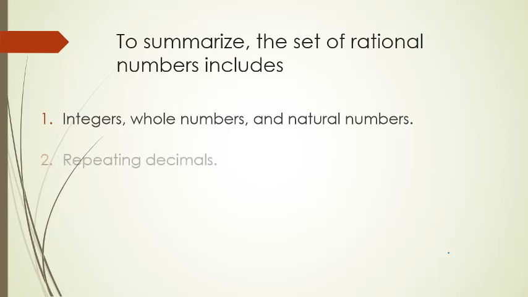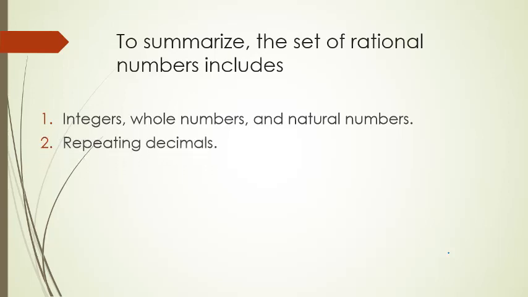Okay, guys? And also, repeating decimals are rational numbers. For instance, 0.5 with a bar, and the bar means 5 is being repeated.